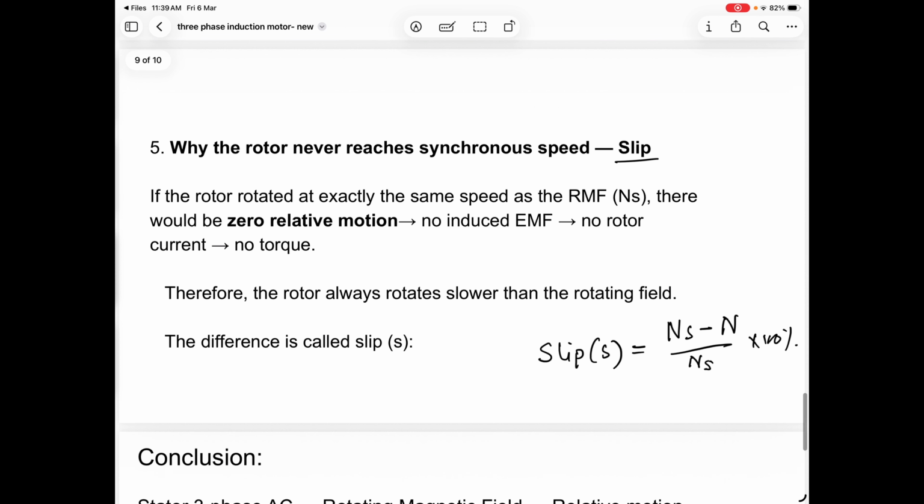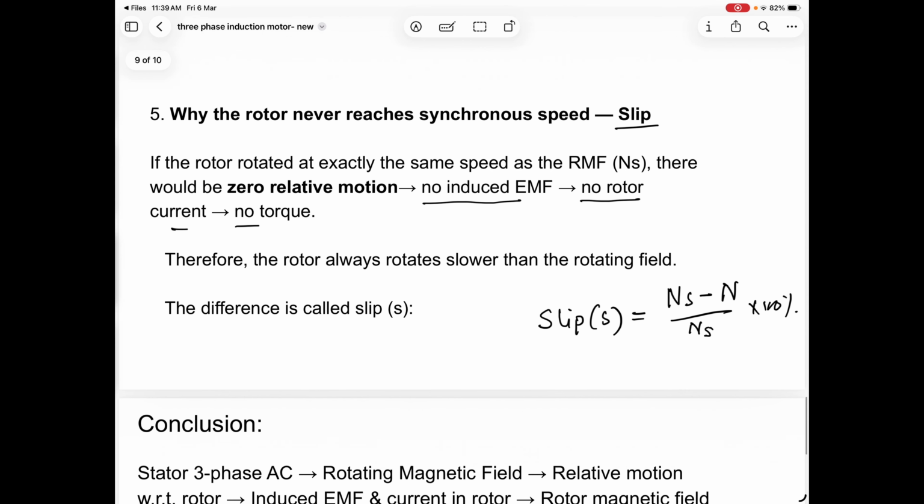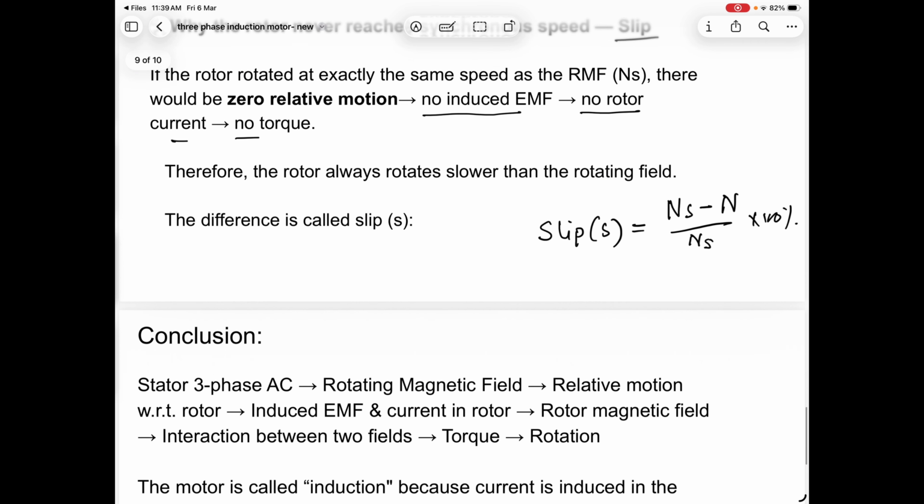So if the rotor rotated at exactly the same speed as the rotating magnetic field Ns, there would be zero relative motion. If there is no relative motion, there is no induced EMF, no rotor current, and no torque. That means the rotor will not move. Therefore, the rotor always rotates slower than the rotating magnetic field.